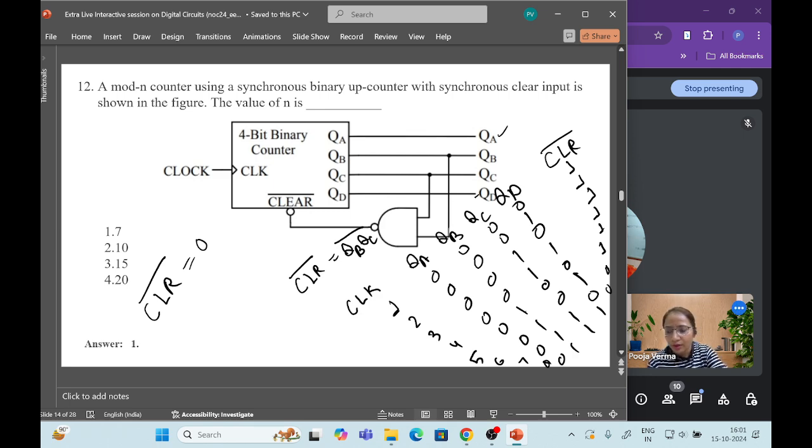So how many states it is activated or it will be clear after this one? That means after 6th clock pulse, or you can say that at 7th clock pulse, the output of the counter will be reset.